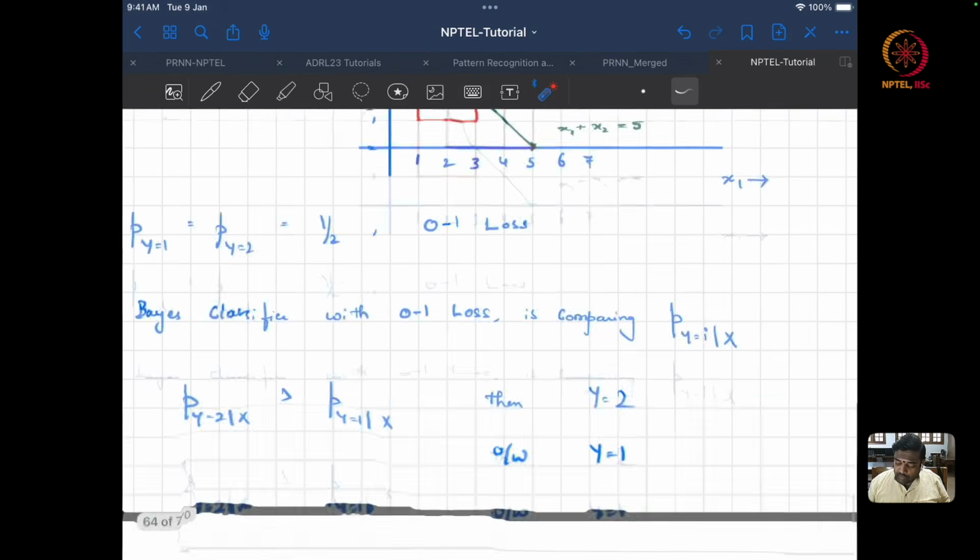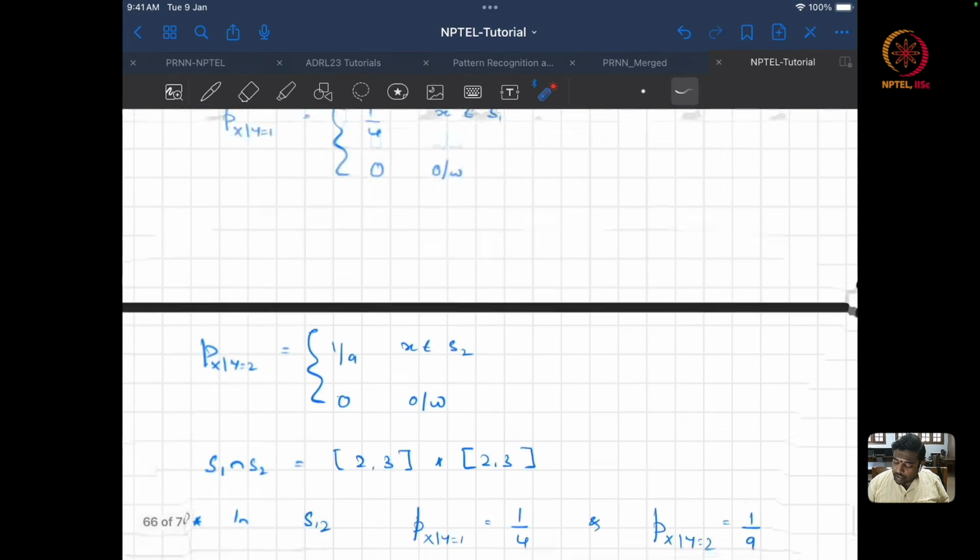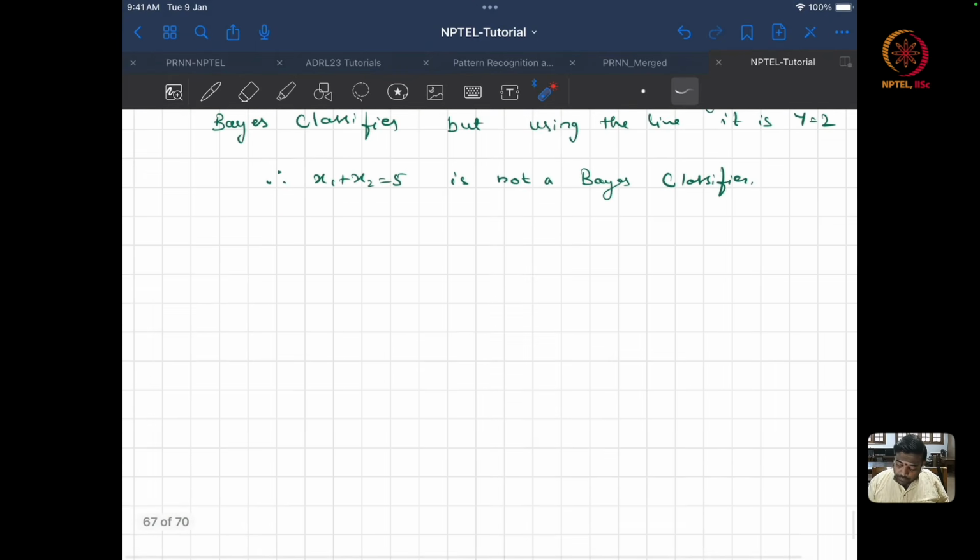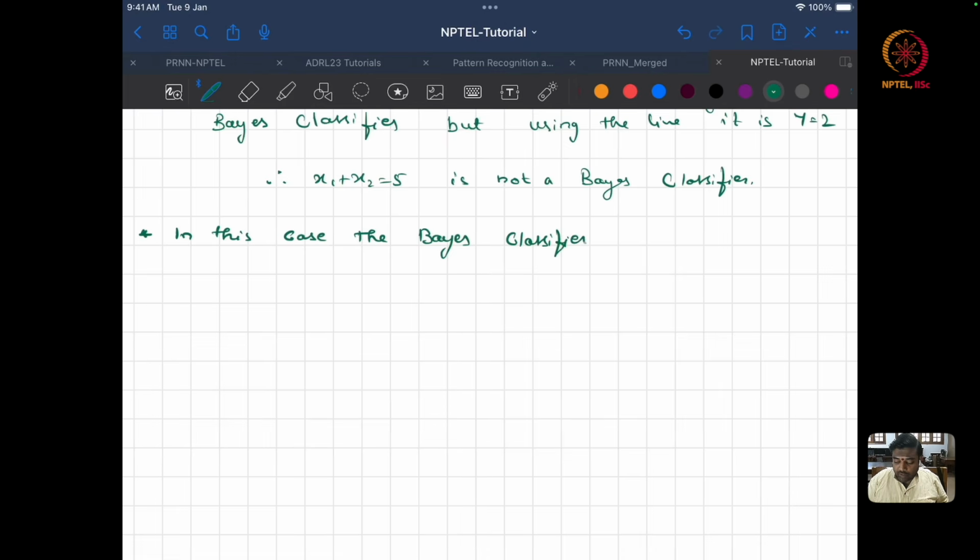Therefore, the Bayes classifier that we are considering is unique in this case.